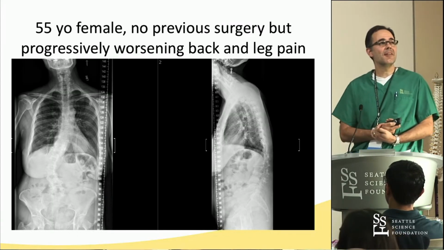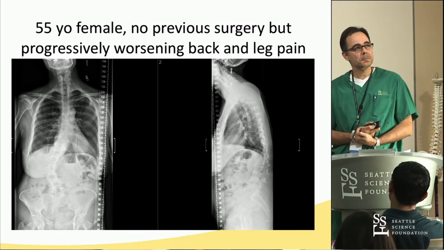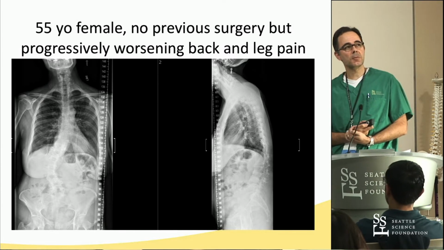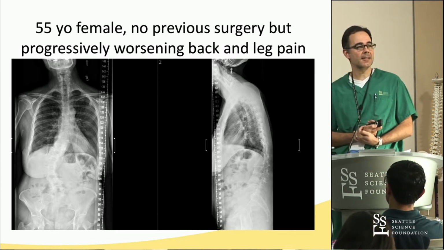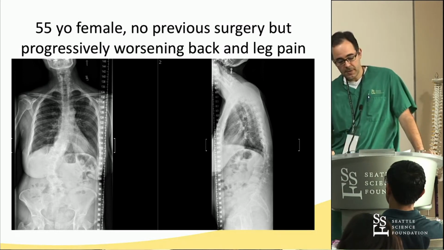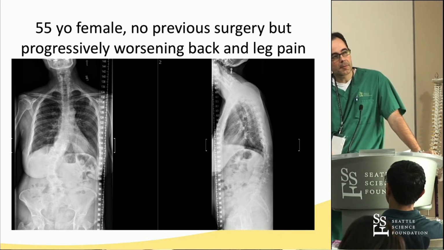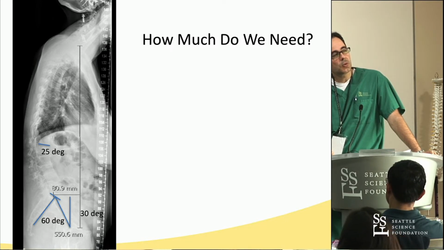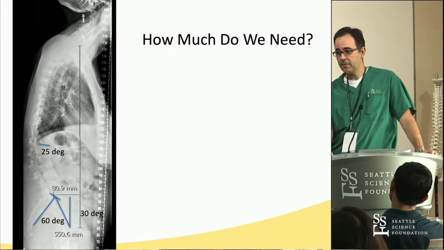All right, so this is a 55-year-old female, no previous surgery, but with substantial worsening back pain and leg pain. Here are the measurements: 25 degrees of lordosis, 60 degrees of pelvic incidence.